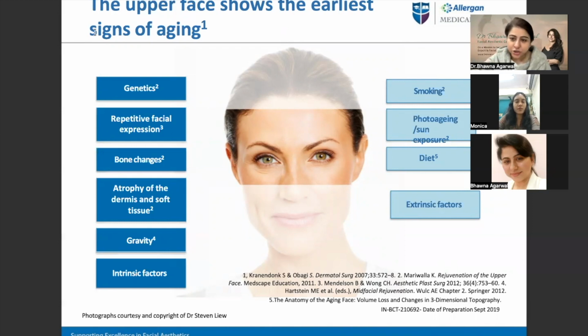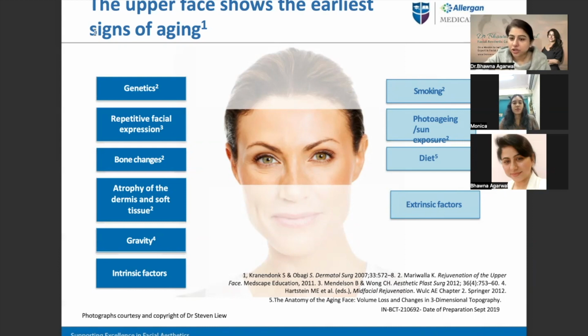But as we age, the elastic component, the collagen and hyaluronic component, are reducing, and the skin is not able to recoil back, which leads to formation of permanent expression lines. So initially they are mild, then they become moderate, and then they become severe if you don't take care of them. So repetitive facial expression is responsible for the formation of these lines.